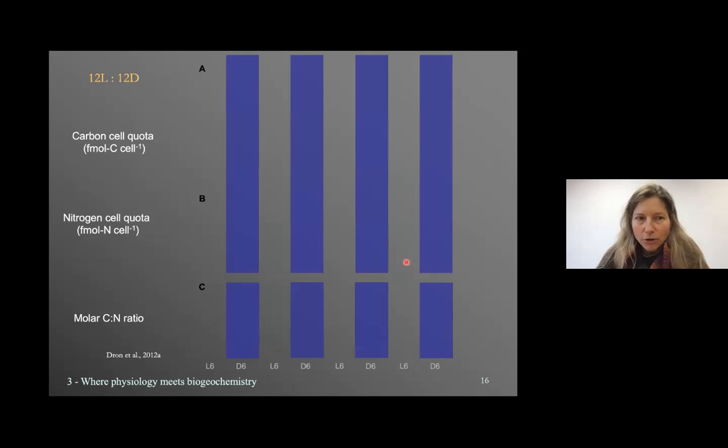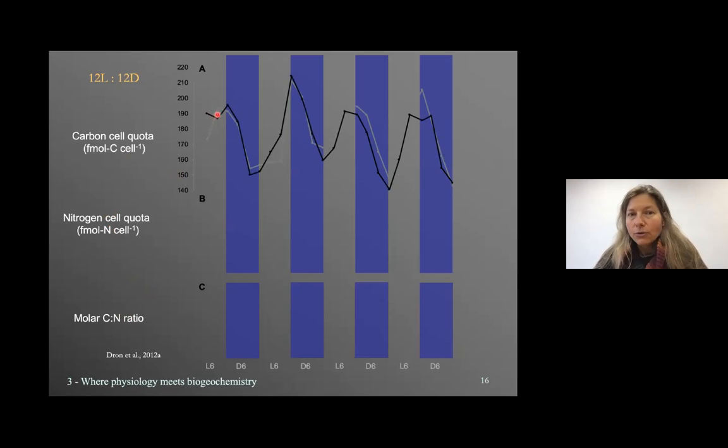So what I'm going to show you here is a monitoring in the reference culture of the carbon cell quota, which is the carbon content expressed per cell, as well as the nitrogen cell quota, so the nitrogen content per cell, and the resultant molar C/N ratio. So looking at carbon dynamics, you have 2 curves because we had 2 cultures.